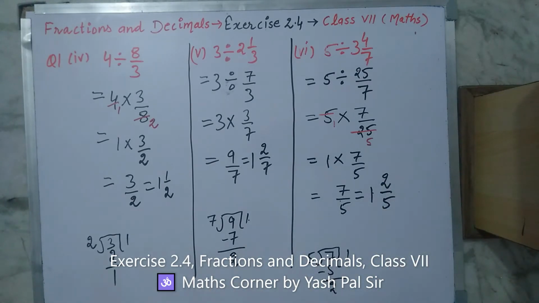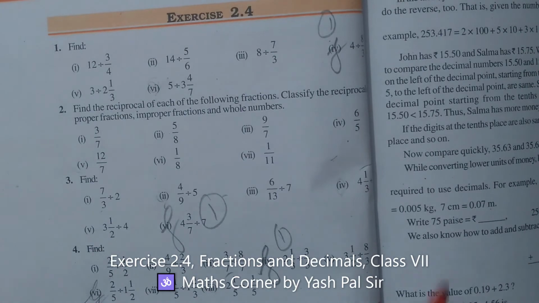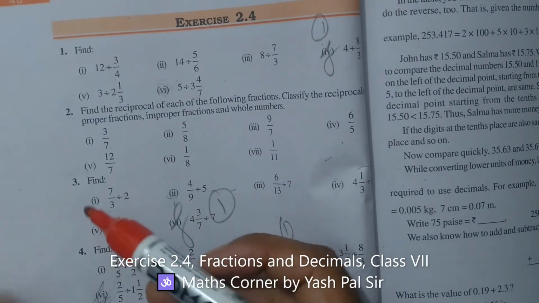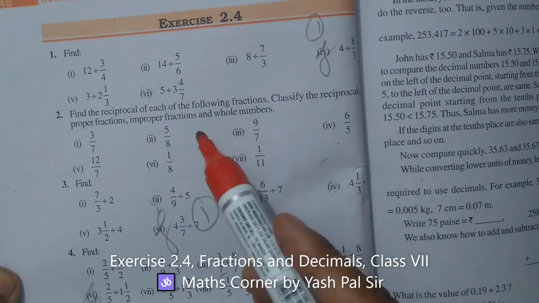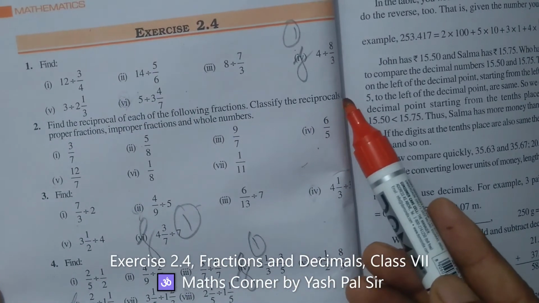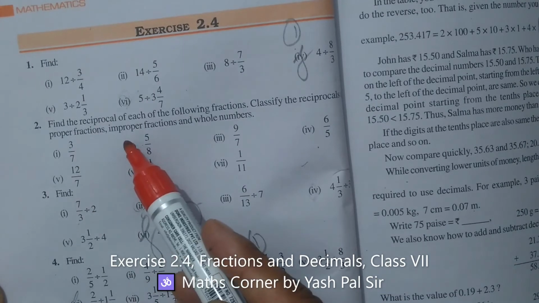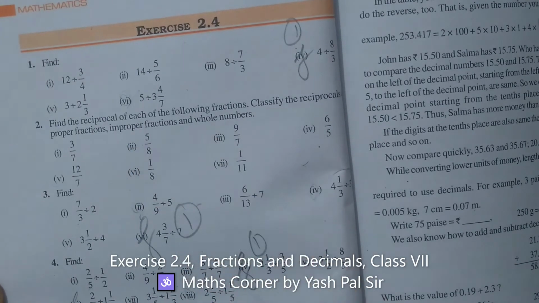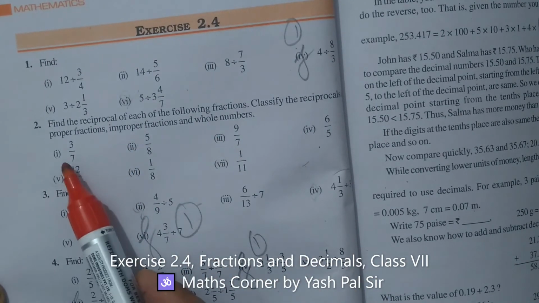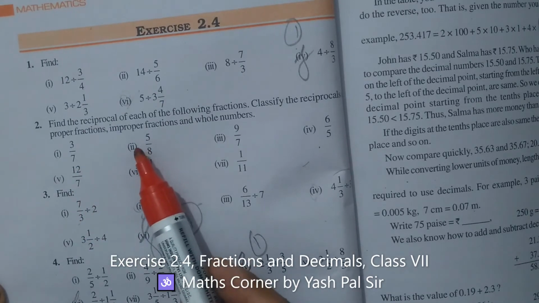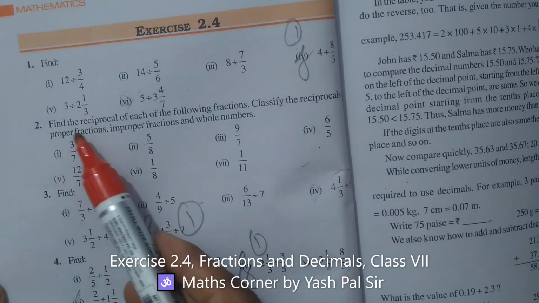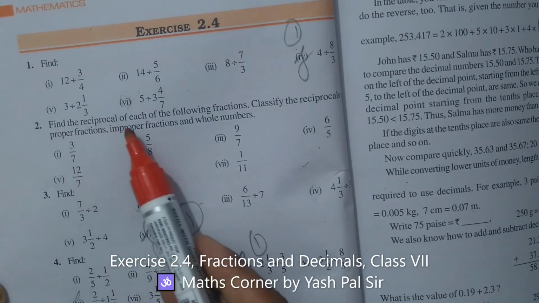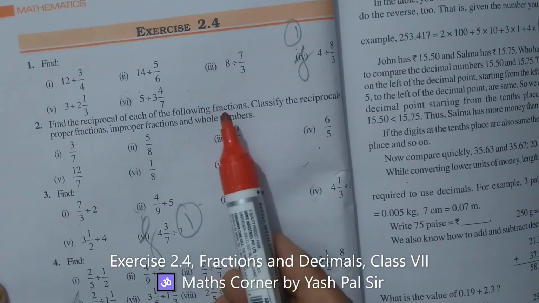So this was our first question. Now we are coming to question number 2. Find the reciprocal of each of the following fractions. Classify the reciprocals into proper fraction, improper fraction, whole number. So first part 3 upon 7, second part 5 upon 8, etc. So first of all, finding the reciprocal of each of the following fractions.